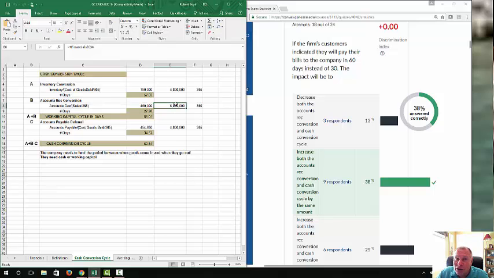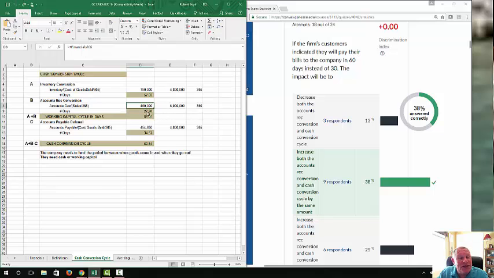Customers are going to take longer, so that would mean, everything else being equal, that the receivable period will double. So if I put in double, times 2, it's 27.98 and 50.44. If I literally double that, we'll see that they both went up by the same amount. So you really just needed to go back and look at that.